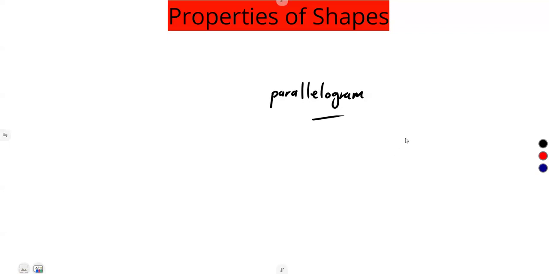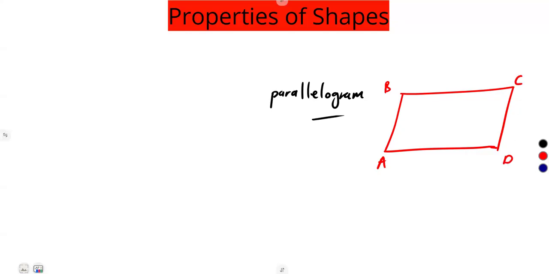The properties of the shape of what we are given being a parallelogram, let us say we've got something like this, where we have got A, B, C, D like this. We know that opposite sides are parallel and equal.